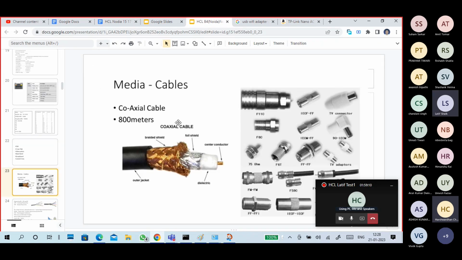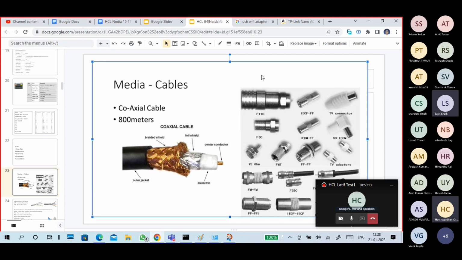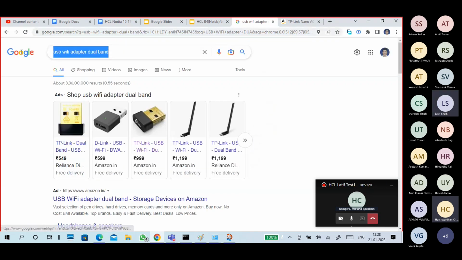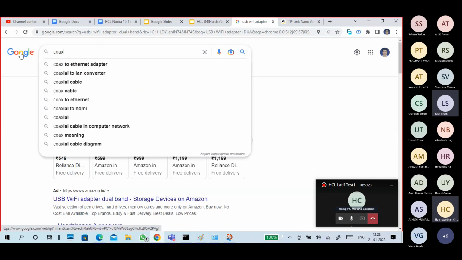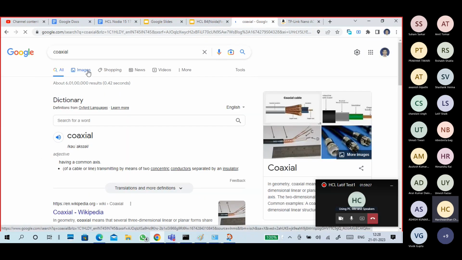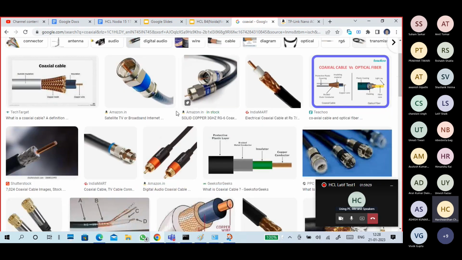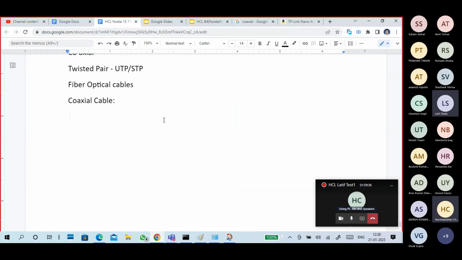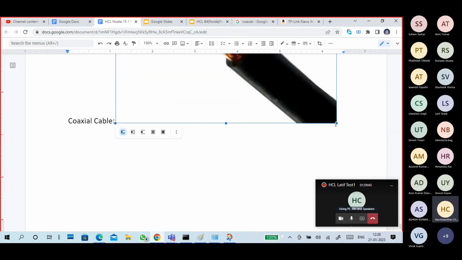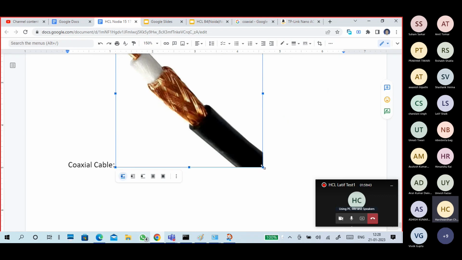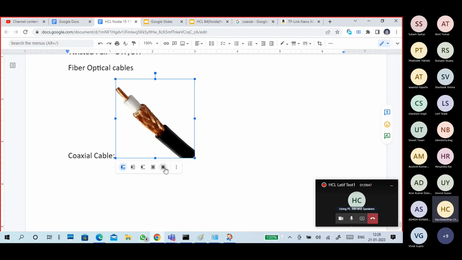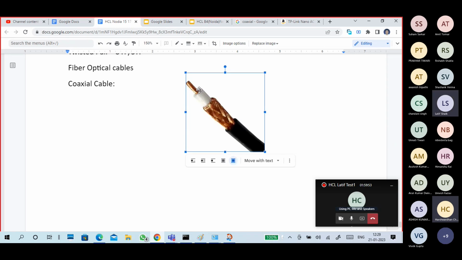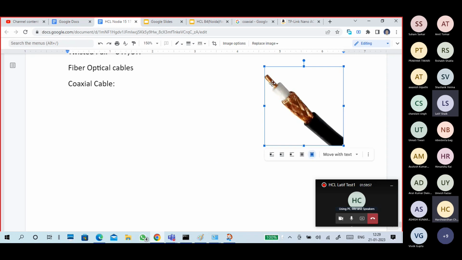So this is how the coaxial cable looks. This is the center core cable, guys, the center one copper cable.